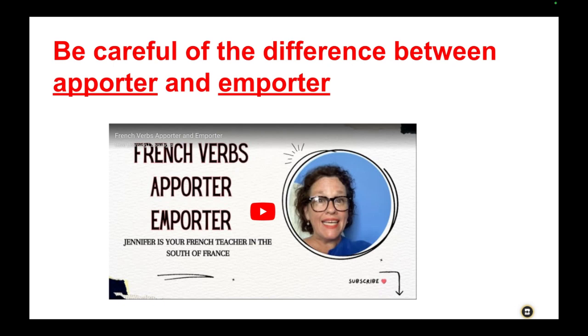So for example, if you're saying a pizza à emporter, it means to go. Basically you're getting that pizza when you order it and you're taking it with you. You're not just going to put it somewhere and leave it there. No, you're taking it with you. So that's the difference between apporter and emporter, and this is the video that explains it more.